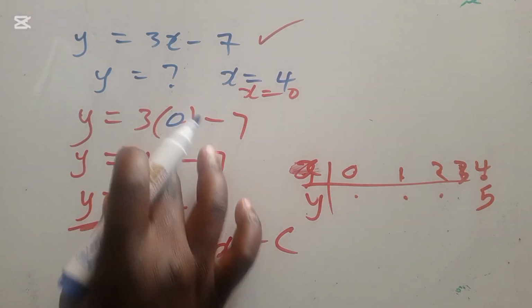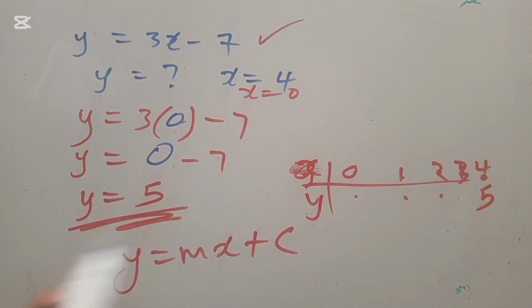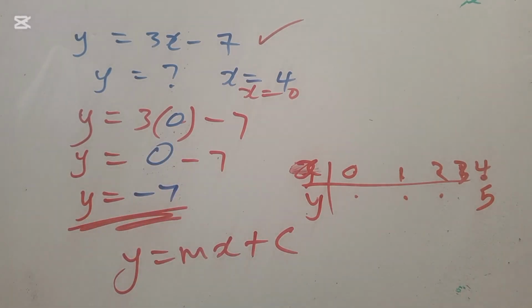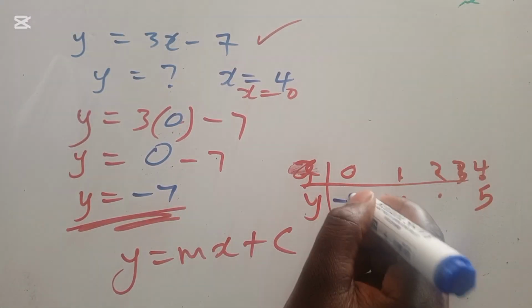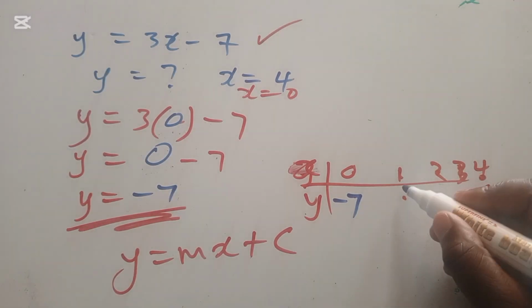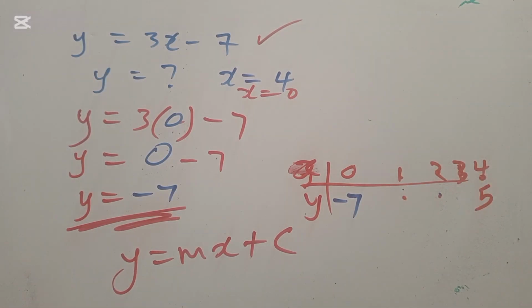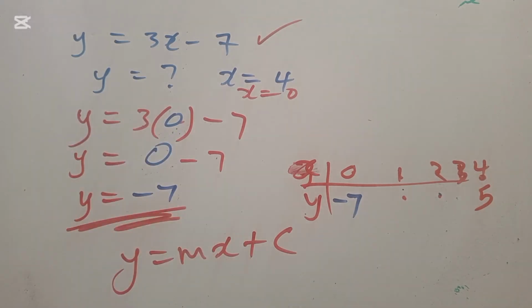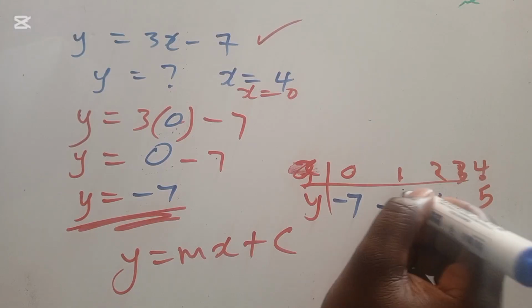So 3 times 0 would be 0. Then 0 minus 7 is negative 7. So here the answer would be negative 7. And you can practice with 1, 2 and 3. If you replace x by 1, you have 3 times 1, which is 3, minus 7 becomes negative 4.